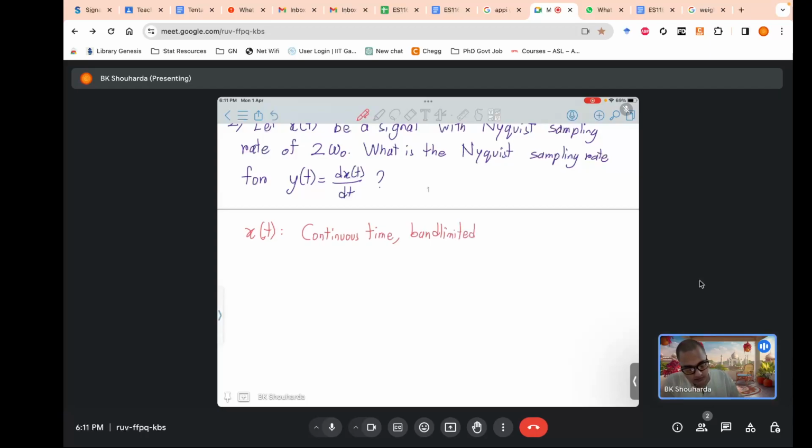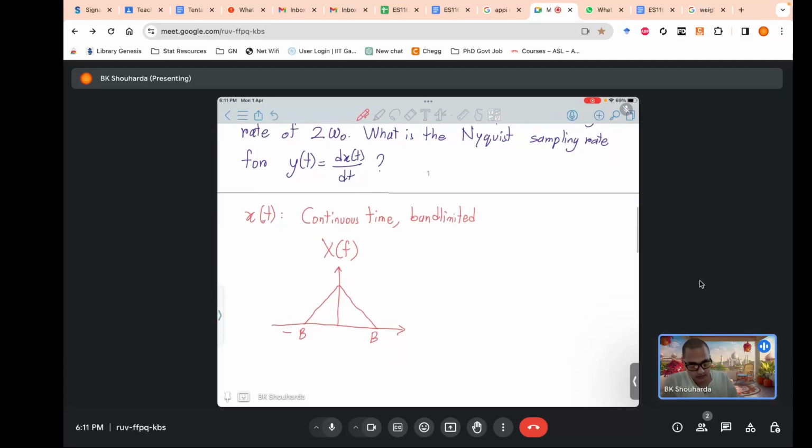So the corresponding spectrum, let's say X(f), looks something like this. Okay, so its bandwidth is actually B. Now what do I do? What kind of sampling are we talking about? We are talking about impulse train sampling.